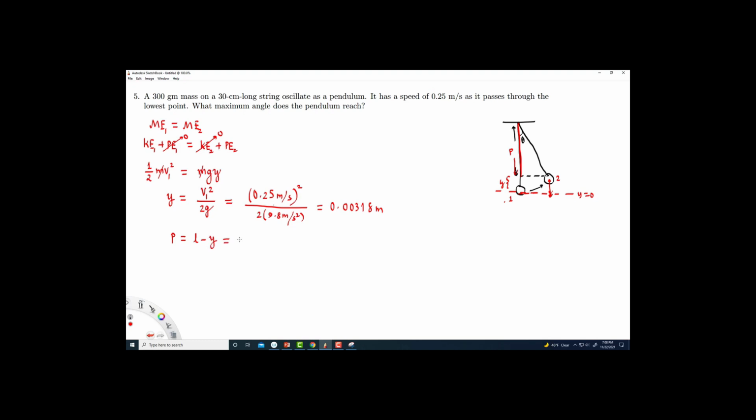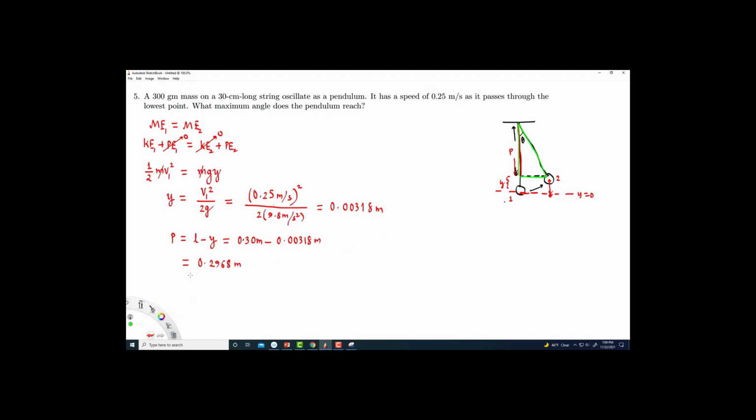So length of the pendulum is 30 centimeters, so 0.30 meters, minus y, which is 0.00318. So p would be then 0.2968 meters.